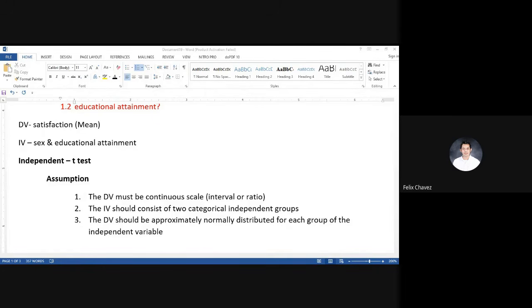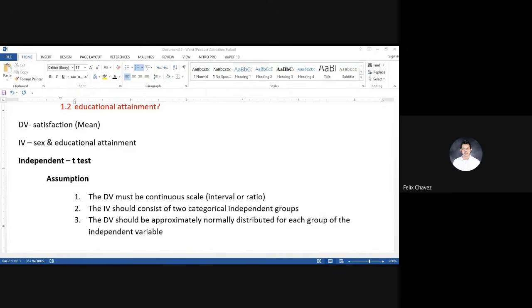So if it is sex, dapat ang kanyang distribution is normal. And we can test for normality. If these assumptions can be met, then we can perform the independent t-test.